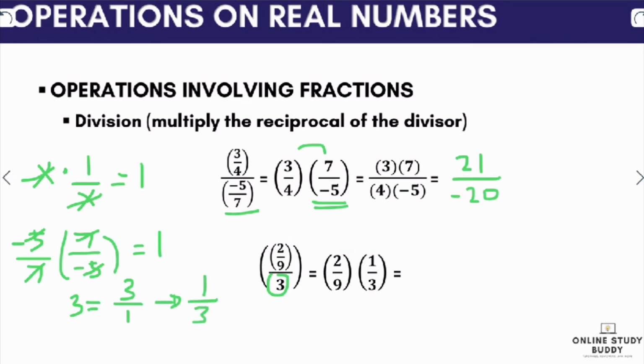So, kapag minultiply natin yung 3 over 1 times 1 over 3, 1 yung result natin. So, in this example, 2 over 9 divided by 3 is equal to 2 over 9 times 1 over 3. So, we have 2 over 27.